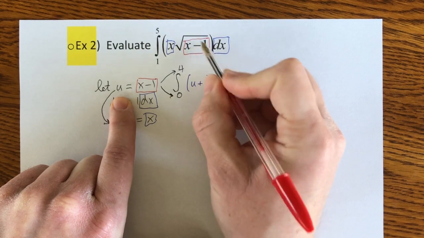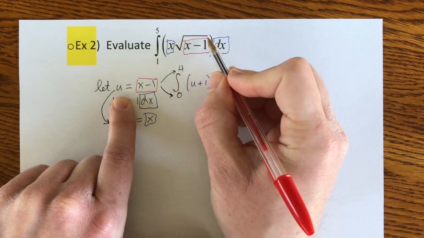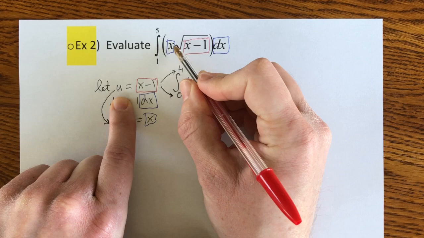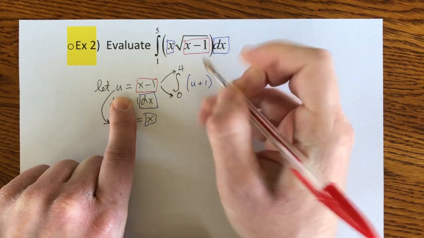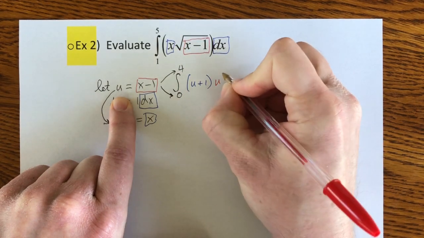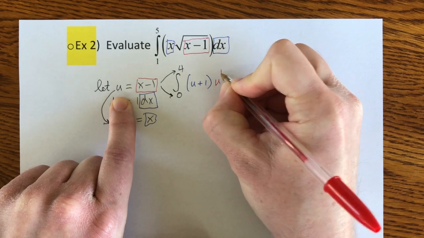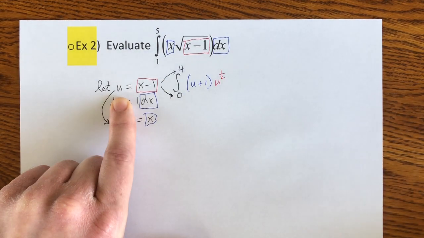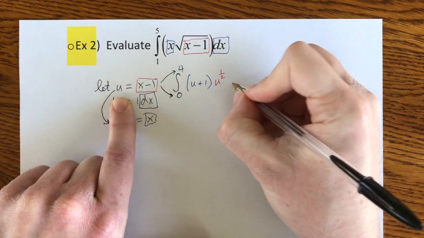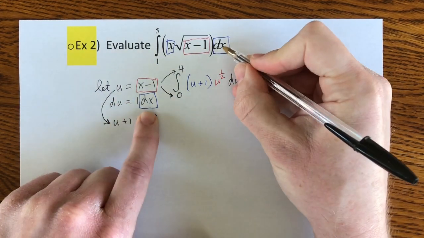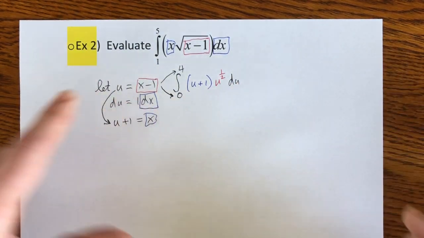Now, this x minus 1 is under a radical, and we should all know that in radical form this can be rewritten as 1/2 in exponential form. Then you put your du on the end to make sure we account for the dx, and we're all set.